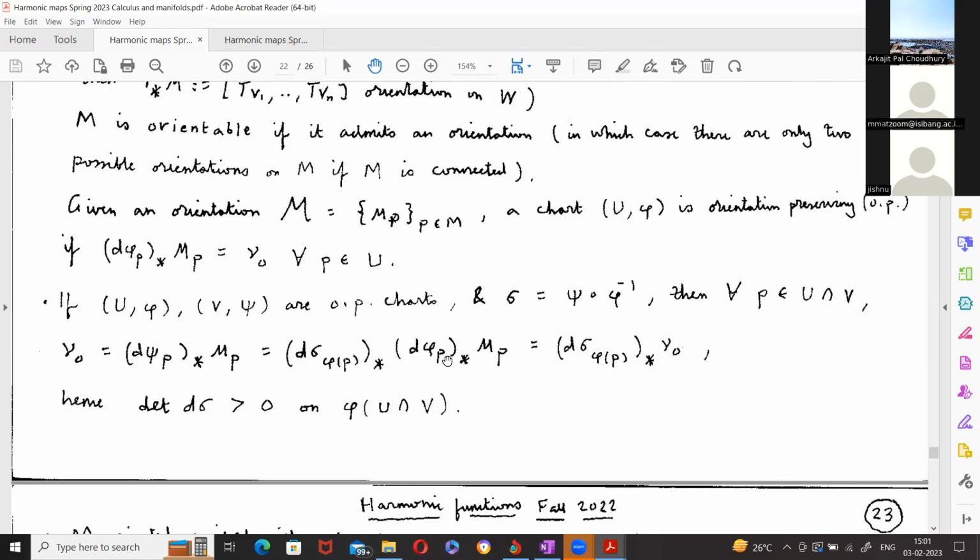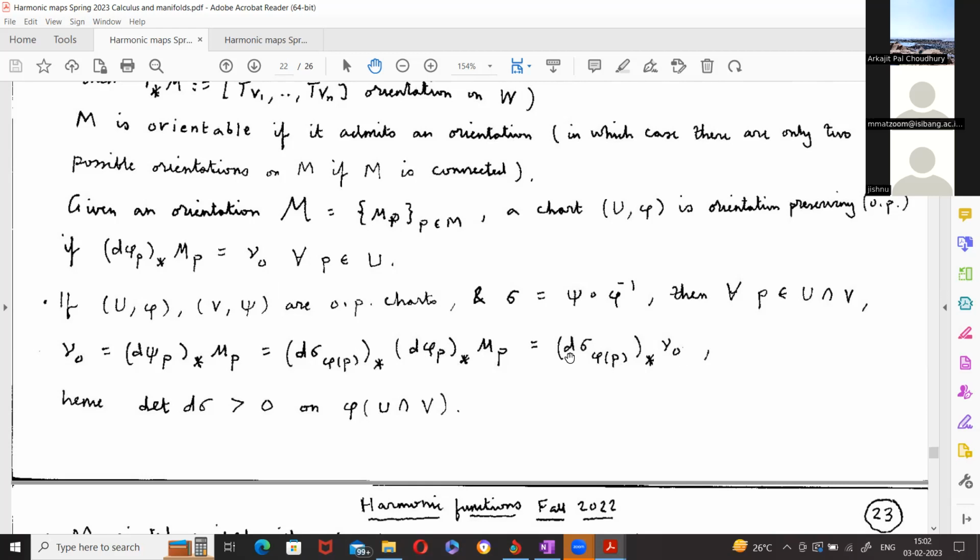And d phi pushes forward mu p to the standard orientation because phi is also orientation preserving. So this composition becomes the push forward of the standard orientation by d sigma at phi p, right?